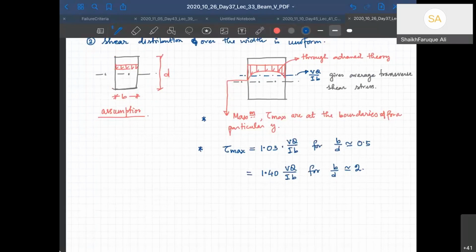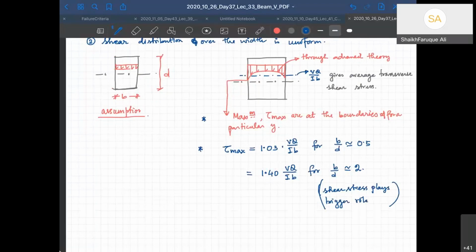So that tells us that if you have sections where your width and depth are compatible, as discussed earlier, then VQ by IB is good enough to calculate your stresses. But if you do not have that, then shear stress plays a bigger role, so we should be careful in such cases.